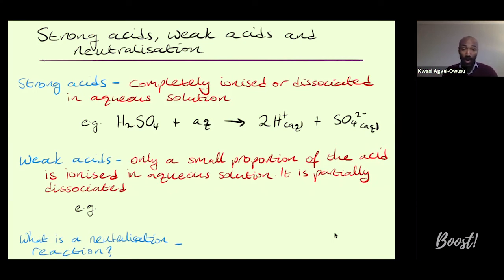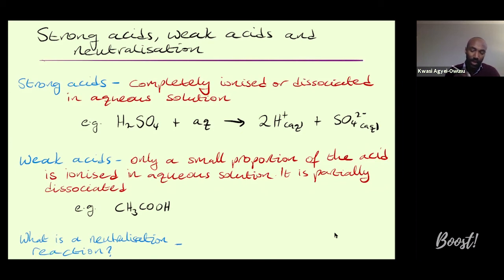So again, the definition on the screen says only a small proportion of the acid is ionized in aqueous solution, or that it is partially dissociated or partially ionized. Okay, so what do we mean by that? Well, let's take an example of a weak acid such as ethanoic acid, and any carboxylic acid for that matter. So ethanoic acid is, of course, CH3COOH, okay?